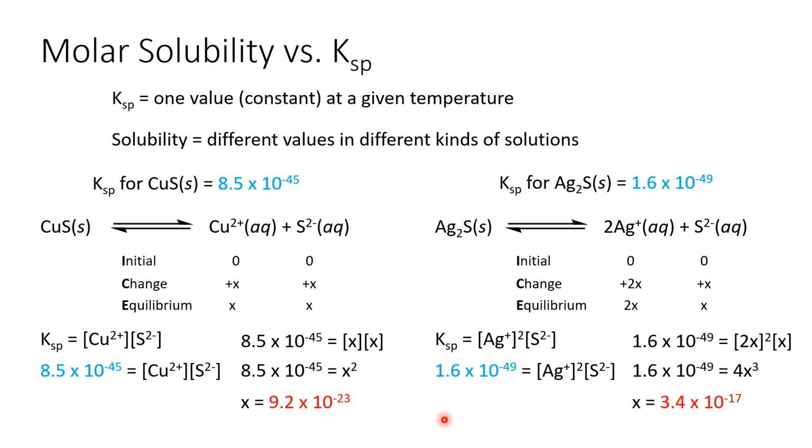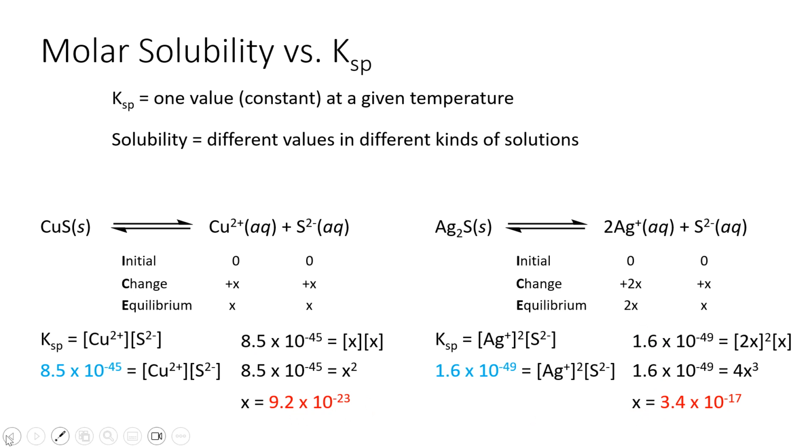Okay, so realize that the silver sulfide is actually more soluble than the copper sulfide, even though the KSP for silver sulfide is smaller than the KSP for copper sulfide, because the solubility is all dependent on whatever these x values are, the molar solubility. And if you go back a slide, that's really what we were talking about.